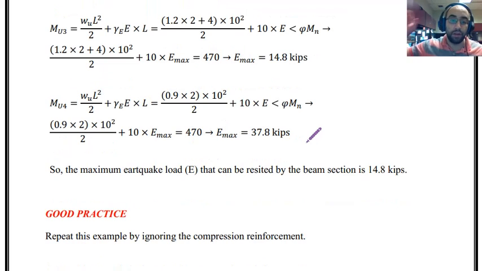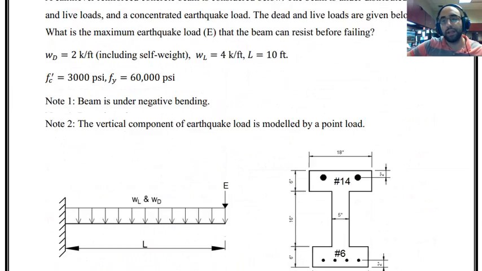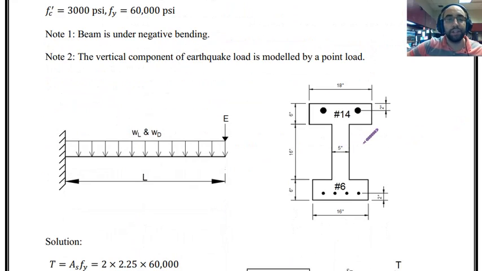I believe it was a very interesting question for both understanding the concept behind load combinations and load factors and how these will result in section analysis, and also a good example for looking at double reinforced sections and learning how to analyze them.